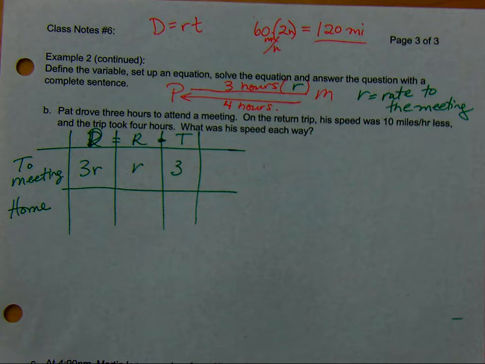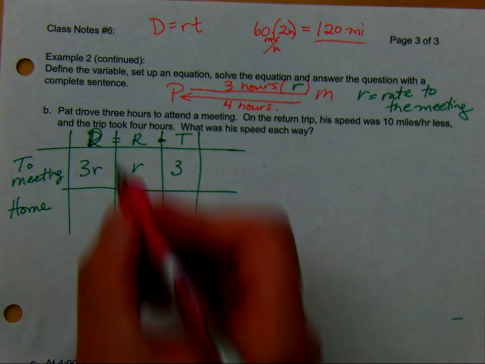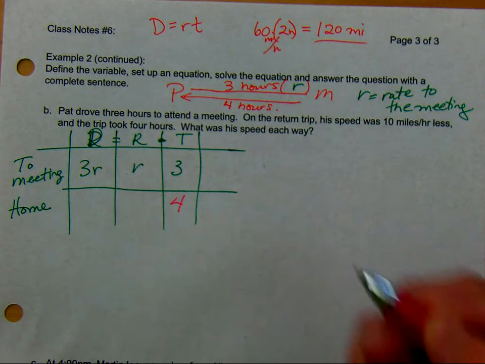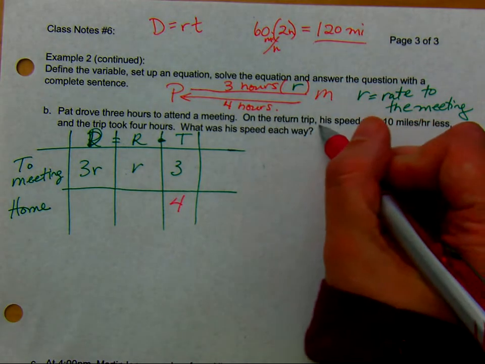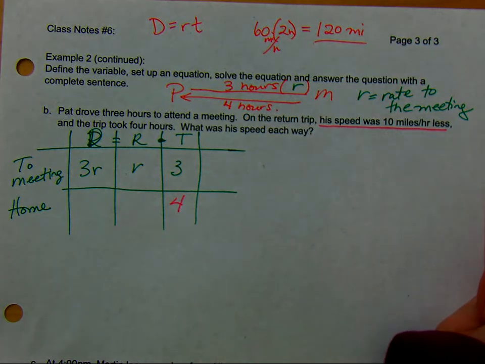Now, to go home, how long did it take him to go home? It was 4 hours to go home. What was his rate? Do I know anything about the rate? Do I know anything in relation to the rate that it took him to get there? I know that his speed was 10 miles per hour less.